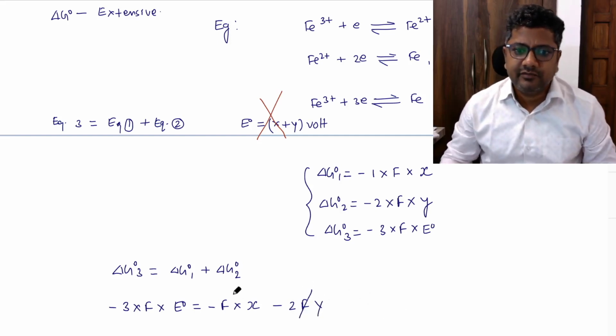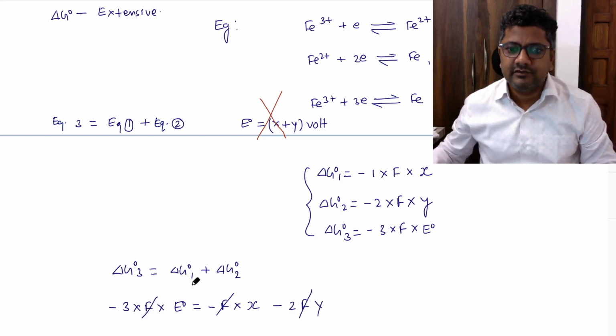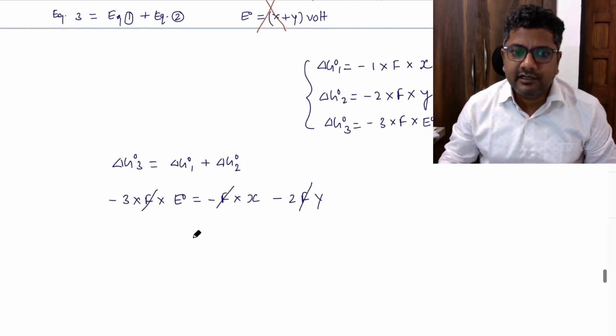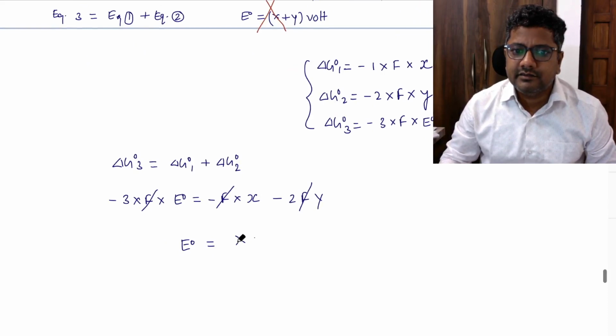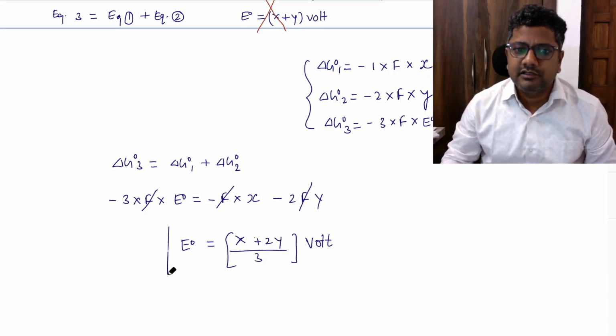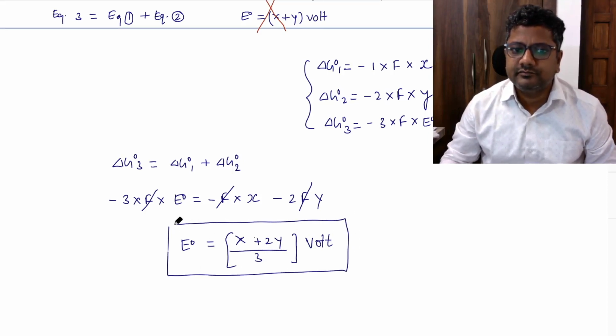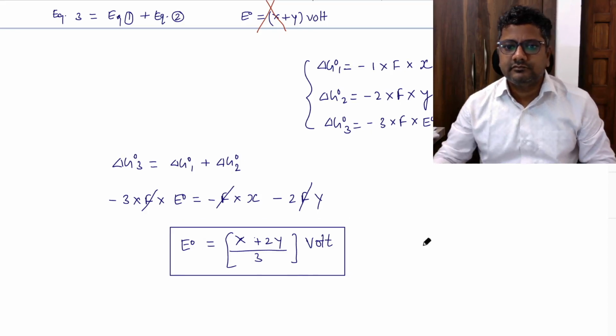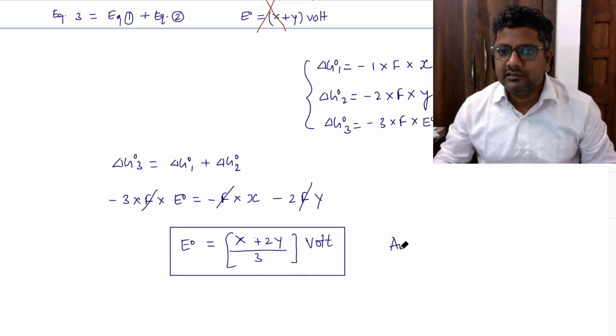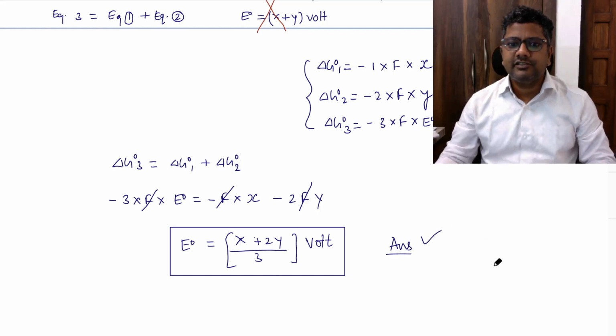So this F cancels. So we can write here E naught is equal to X plus 2Y by 3 volt. This is the correct answer.